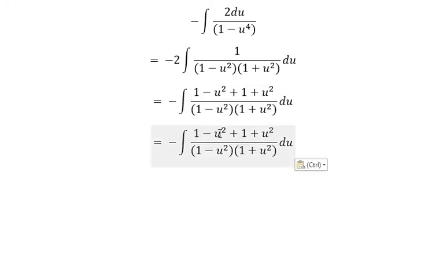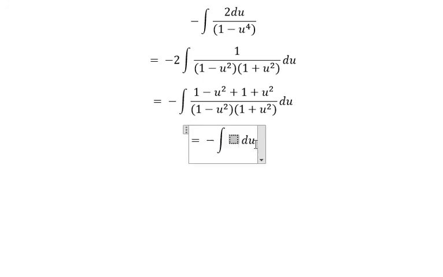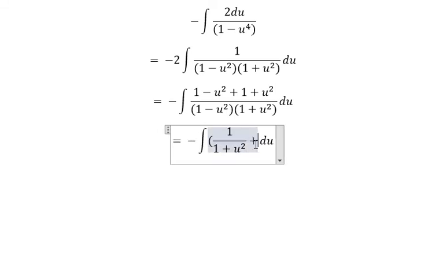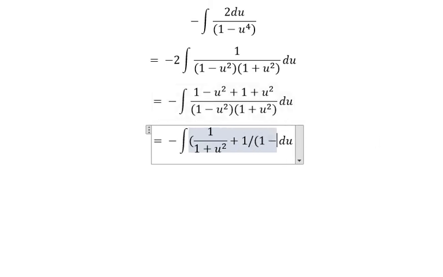We have 1 minus u squared divided by 1 minus u squared, so you will get 1 over 1 plus u squared. And 1 plus u squared divided by 1 plus u squared, you will get 1 over 1 minus u squared.